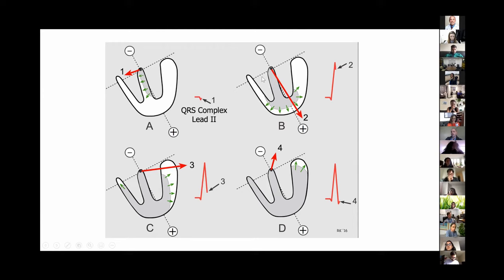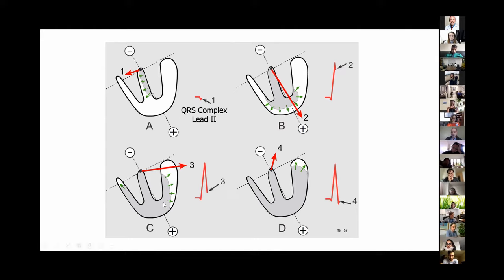Then, as the septum depolarizes, the depolarization goes down and goes straight towards the positive electrode, so you have a big R wave. Then it continues more towards the left, because the left ventricular mass is larger, so there is a little delay in depolarization because there's so much muscle to depolarize.